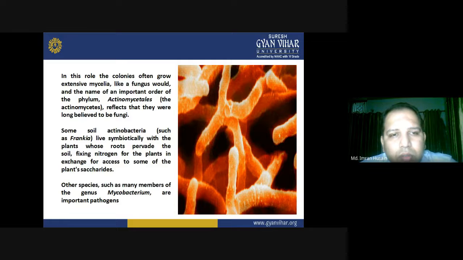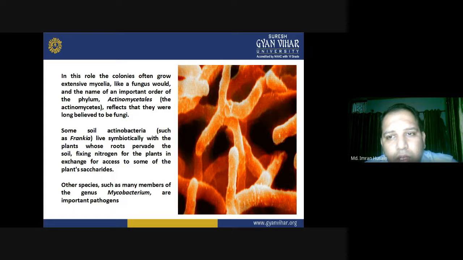In this role, the colonies often grow extensive mycelia, like a fungus would, and the name of an important order of the phylum, Actinomycetes, reflects that they were long believed to be fungi.